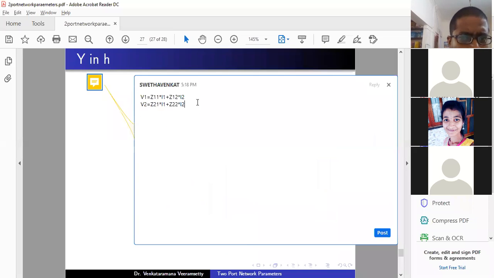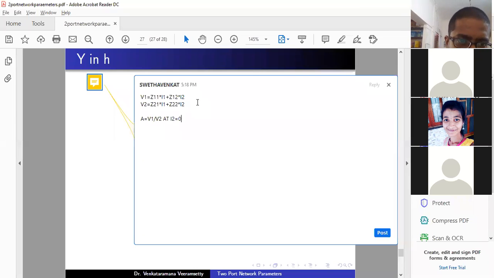So now I want to find the first one, A. Anyone can try to remember how we find the A from the ABCD parameters, the transmission parameters. A equal to V1 by V2 at I2 equal to 0.